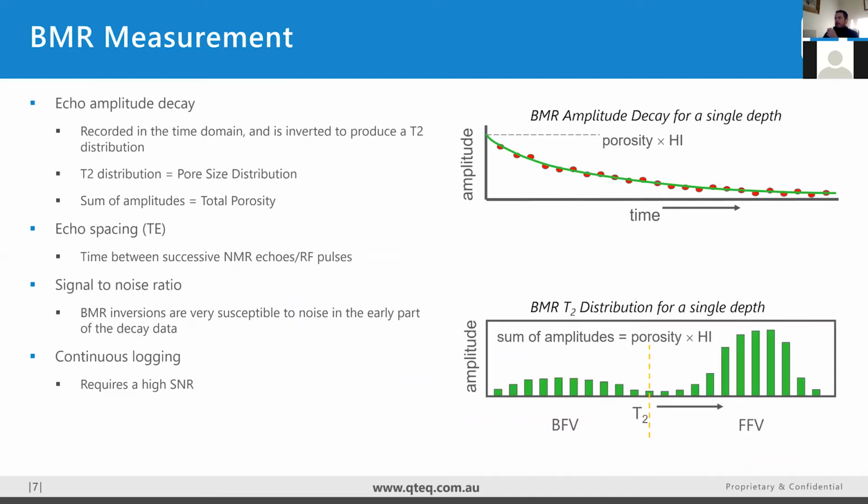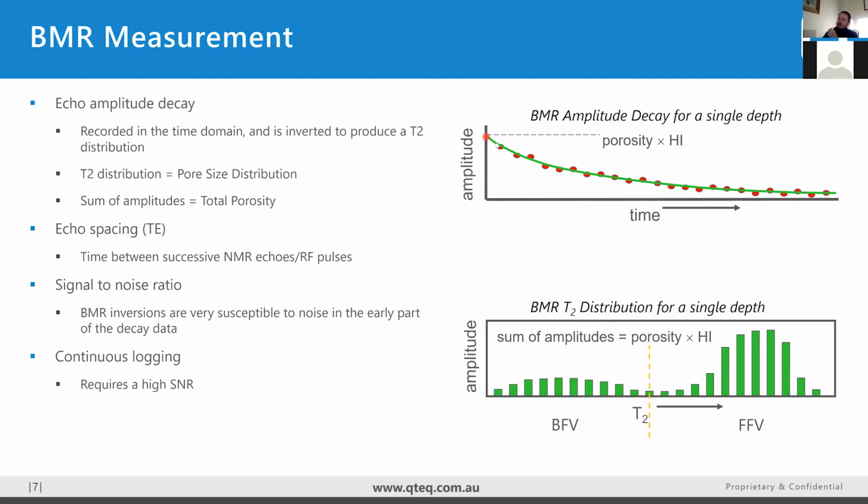Our measurement looks something like this, where we do a special sequence called a CPMG sequence. Out of that, we get these little red dots as our measurements, and they're the amplitude of our echoes. We do a series of rephasing, and the simplest measurement that we get out of it is our total porosity.